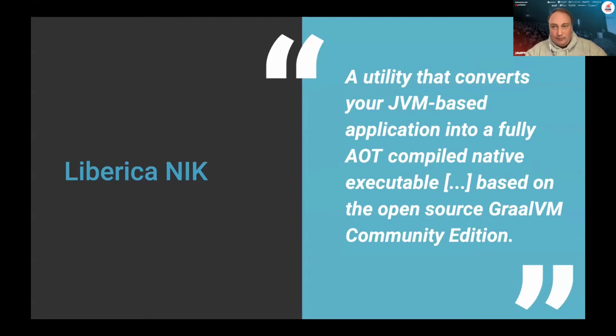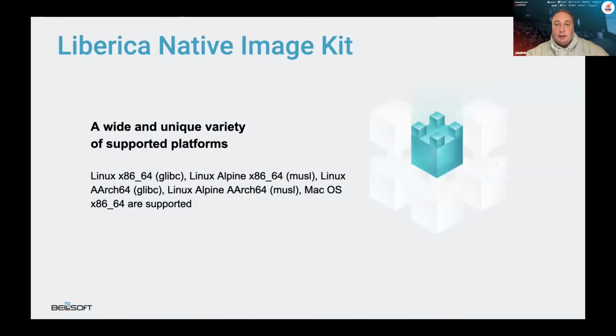So as a vendor, we decided to help developers and to provide our own vision of native image tooling to help exactly that, not focusing on the dynamic aspects of GraalVM, just on static compilation.